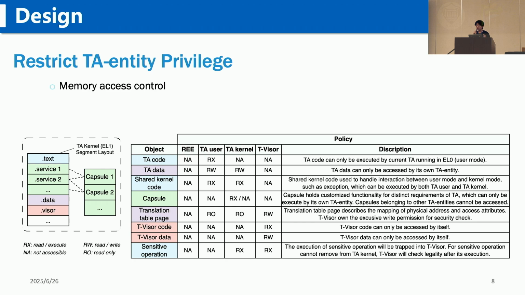Sensitive operations like memory mapping or context switching are trapped into the T-visor for validation, ensuring each TA entity can only access its own resources.